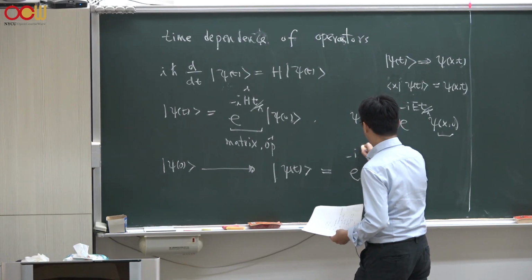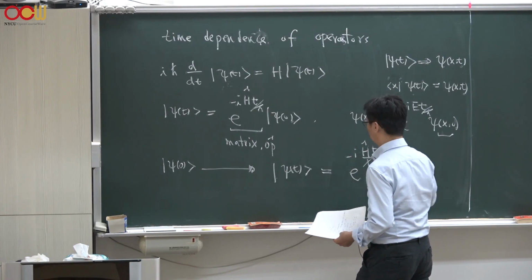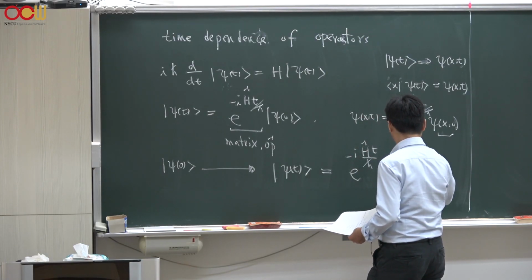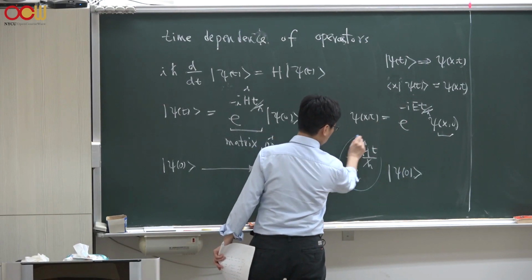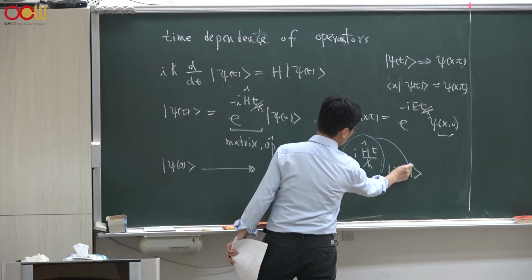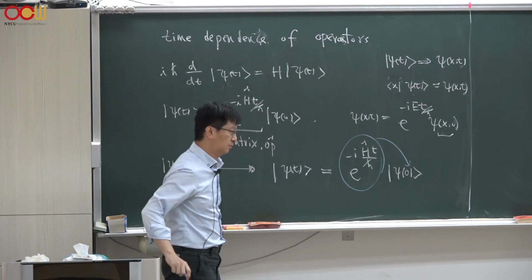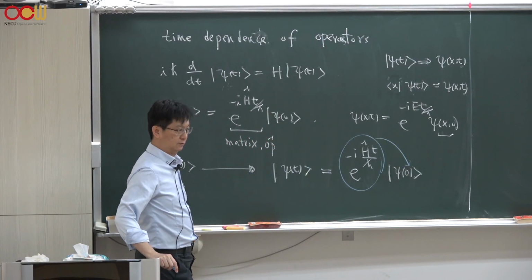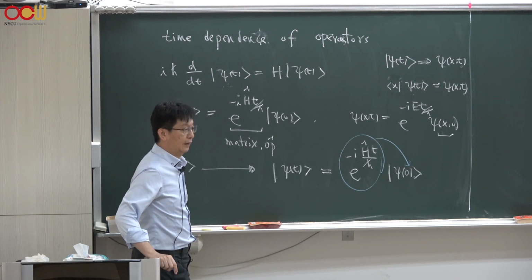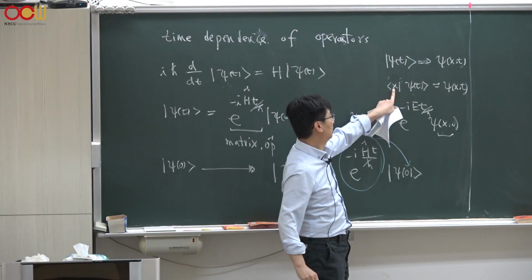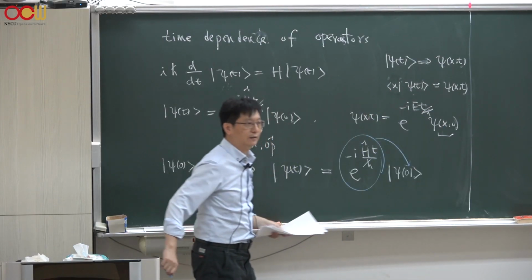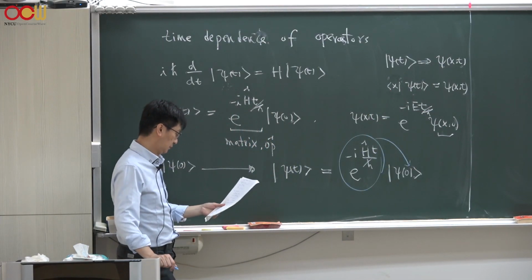So we should really perform this operator operation. This tells us that we need to operate on this psi of 0 with the exponential operator right here. Okay, and once we've done that, we can project this onto the x eigenbasis, and then we get this Schrödinger wave function at any arbitrary time.